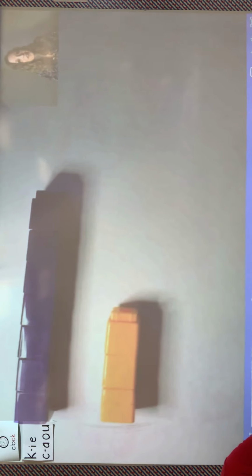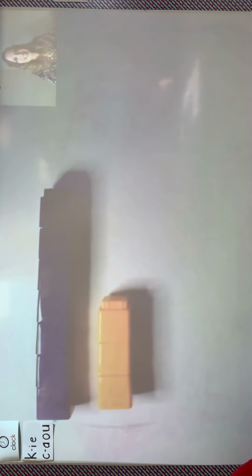Pause the video and tell a friend how you knew, or you can tell me. We just did it. I heard some great strategies. I heard a friend say that he noticed how the sticks were lined up, and he noticed that the 7 stick went past the 3 stick. I heard another friend say that they tried to do 1-to-1 matching, but the 3 stick ran out of cubes to match.